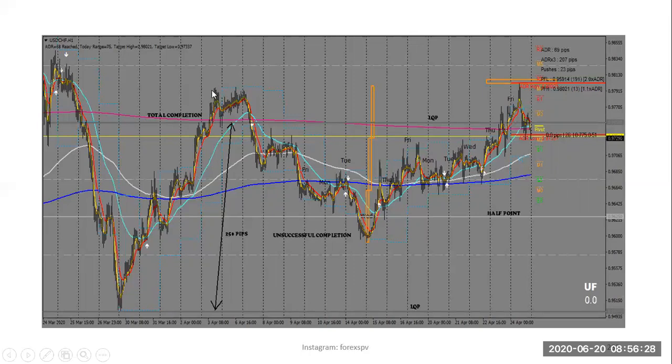When it reached here, it showed a sign of weakness to go down, and it came all the way to the half point. So it did not complete the 250 pip range here. This is an unsuccessful completion, and we had another. If this occurs, we target the next large quarter point up. So it came all the way to this large quarter point.